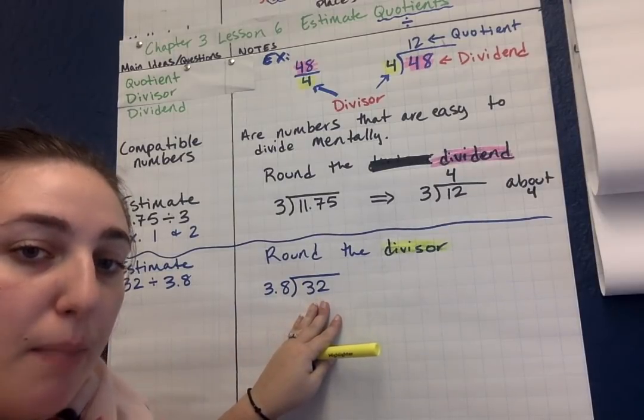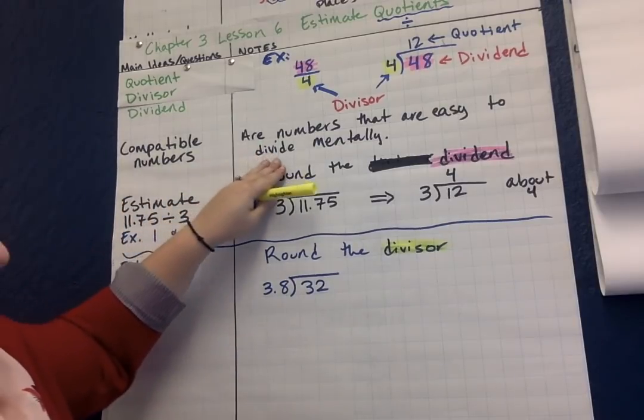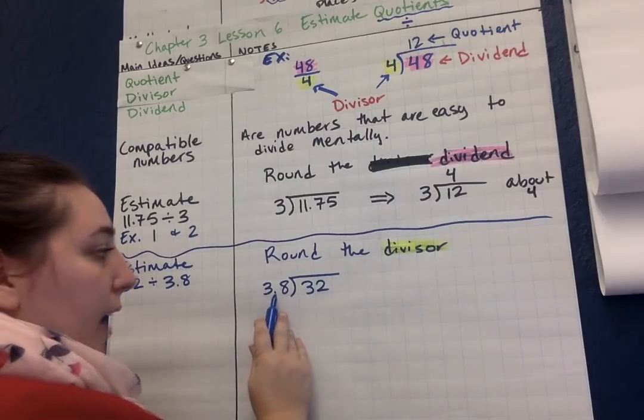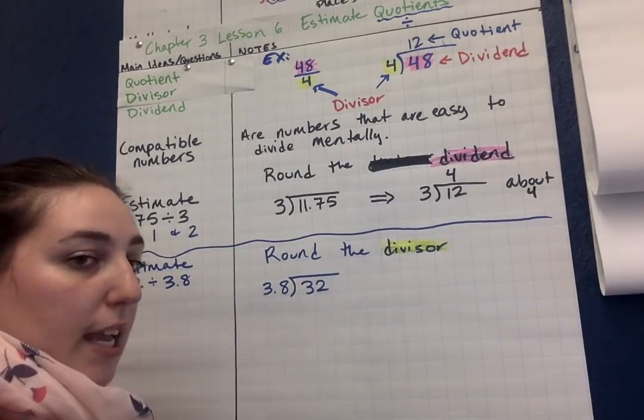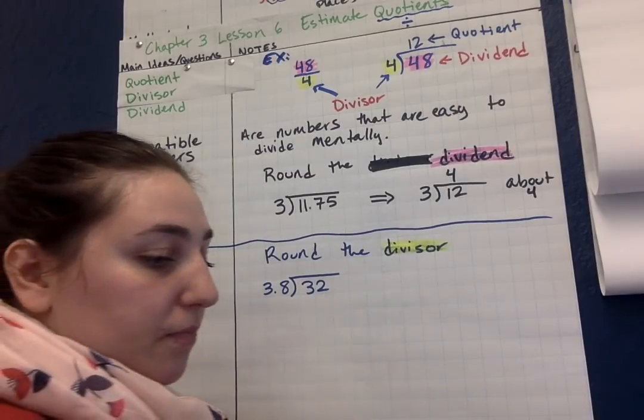Because remember, I want a compatible number, and a compatible number is a number that is easy to divide mentally, okay? So I'm going to round 3.8 to 4, and I know that 4 easily goes into 32.